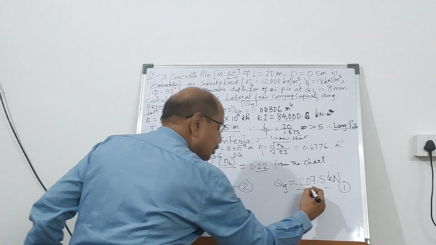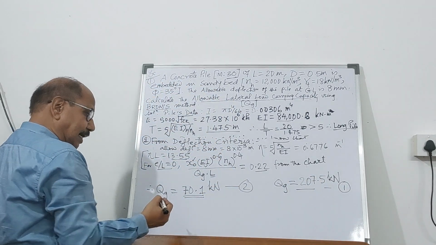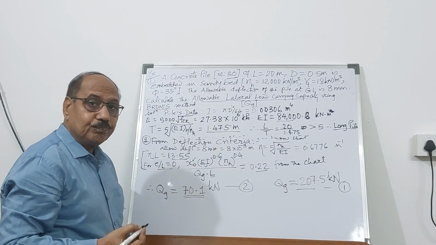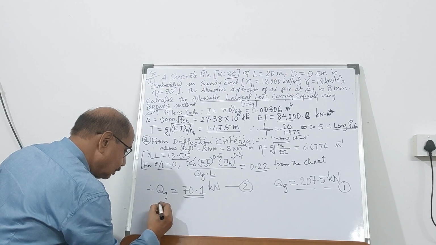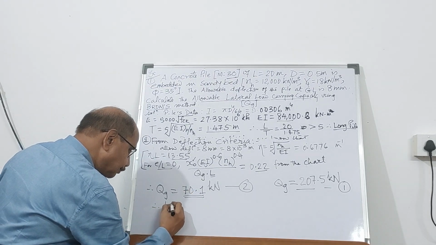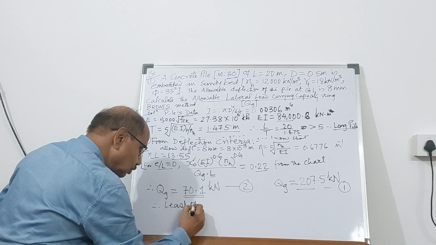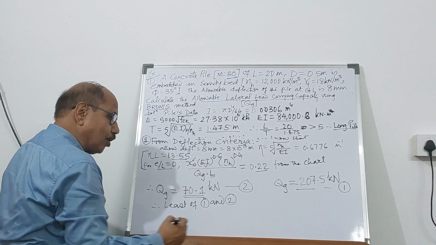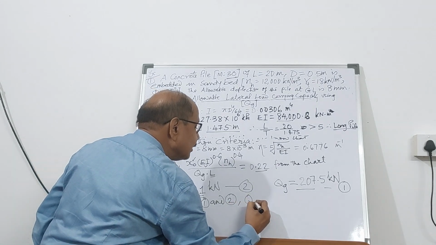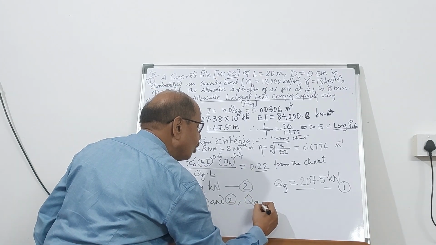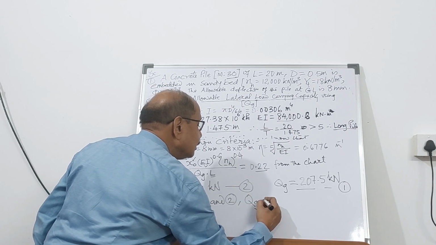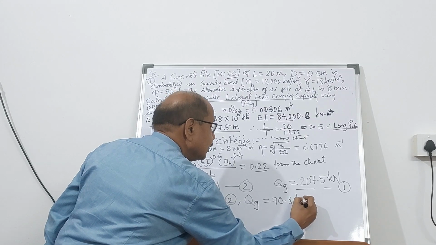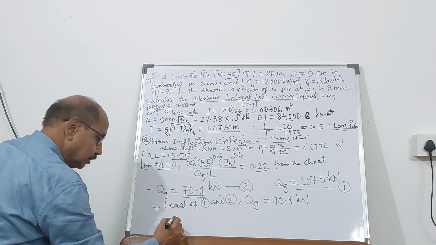So first value was 207 from bending criteria, whereas from deflection criteria it is 70.1. Therefore, of 1 and 2, the lesser value should always be recommended as Qg allowable. So allowable will be 70.1 kilonewton.